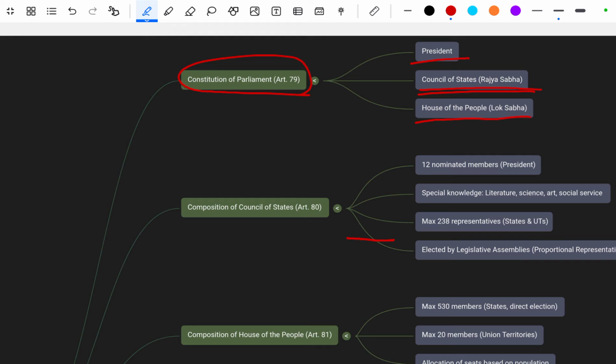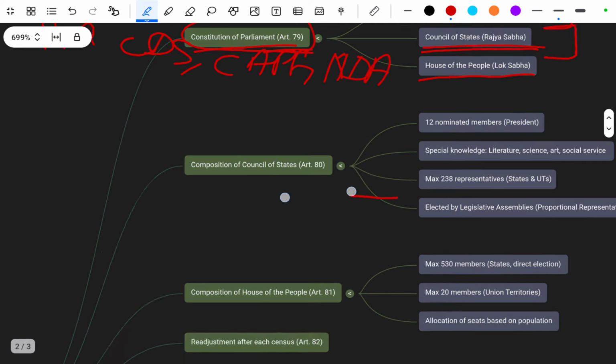This question has been asked multiple times in the PYQs of CDS, NDA and CAPF. So please remember that this is mentioned in the Constitution of India under Article 79. The President, Council of State, and House of the People, all three are part of the Parliament.